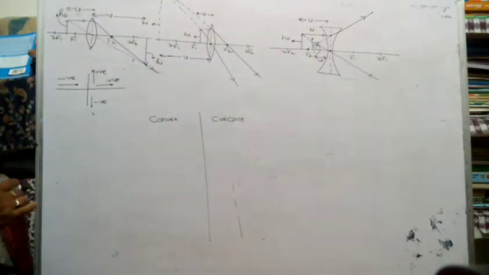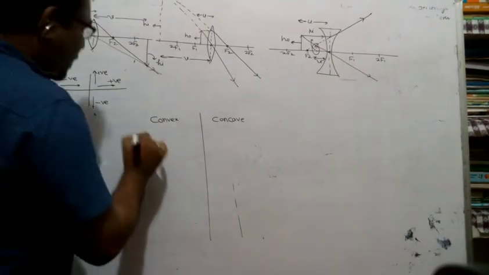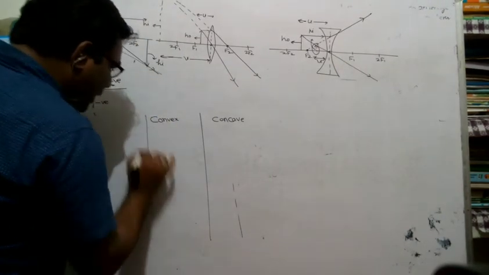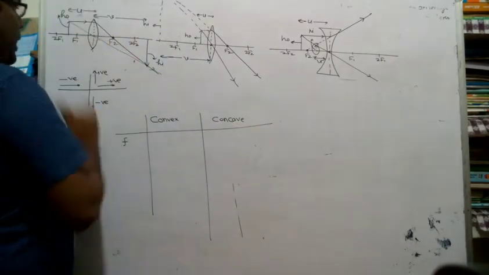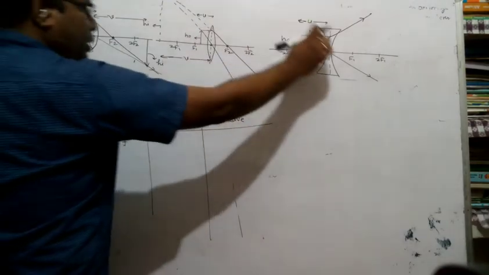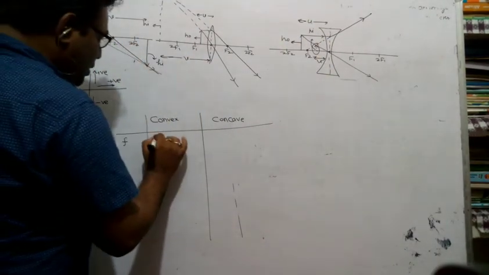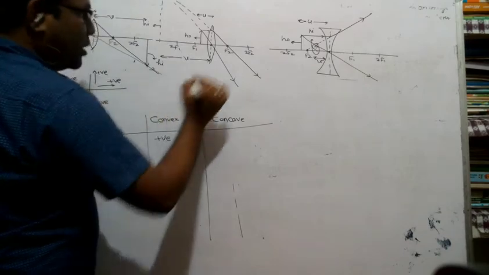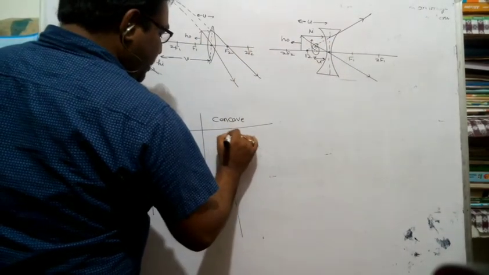Now see beta. In all of this, first of all, your first value is focal length. Beta, focal length for convex and concave. Look, convex focal length is on the right side, so it is positive, and concave focal length is on the left side, so it is negative.